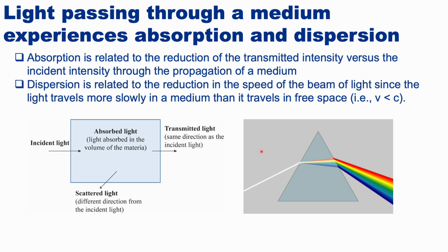Dispersion is related to a reduction of the speed of light. When we change the medium, we change the refractive index. We know that in air or vacuum it is 1, but in a different medium it is going to be higher. So we have a reduction of the velocity, and that affects different wavelengths differently.